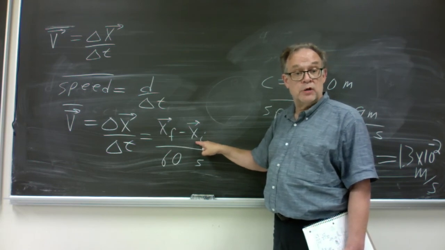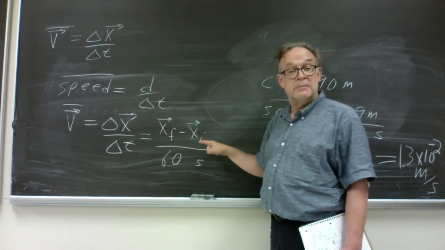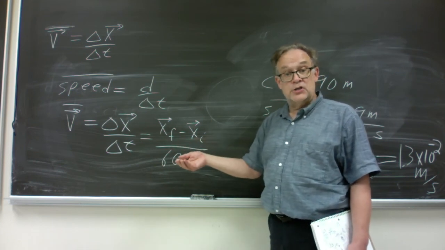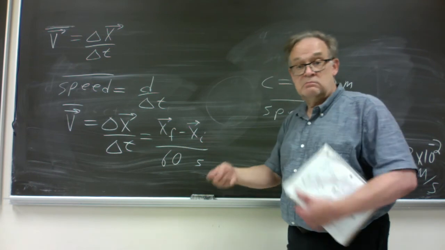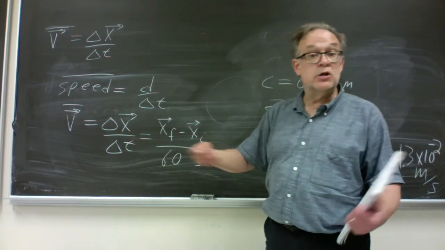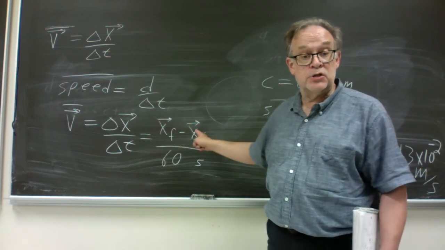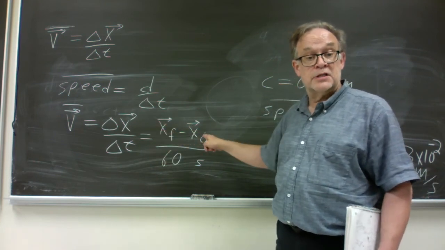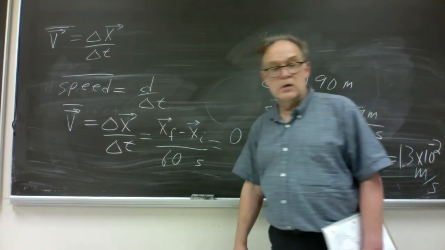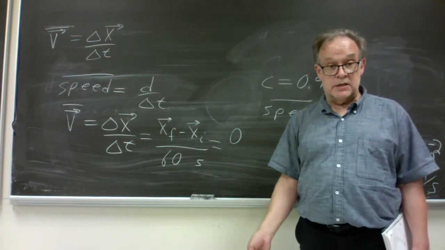It makes a round trip. The final location is the same as the initial location. And if the final location is the same as the initial location, the net change in location, also known as displacement, is no change. It ends up at the same place where it started. So final minus initial location is 0. So the average velocity is 0.